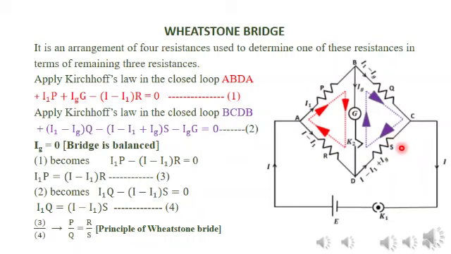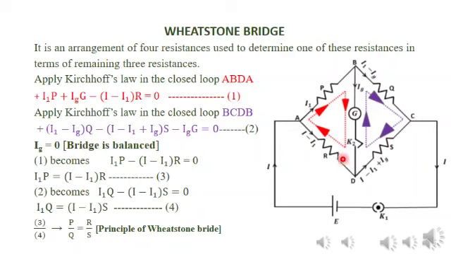Here we can see our direction of traversal and the direction of current are in opposite directions, so the current-resistance product is negative.